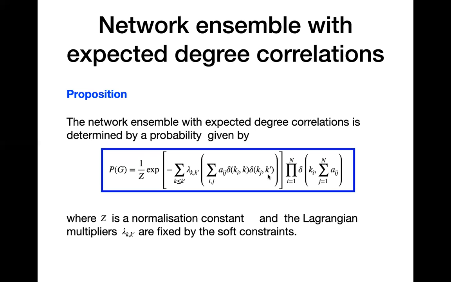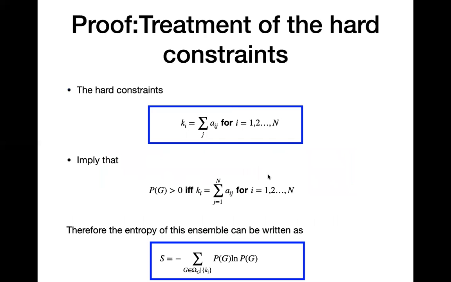Okay, so how can we treat a mixture of soft and hard constraints? Well, we have a hard constraint, which is the degree of each node, which implies that the probability of my network will be greater than 0 only if the degree of each node is what I want. And the entropy of the ensemble can be expressed just as a sum over the graphs G such that you have a given degree sequence, the one you want to impose.